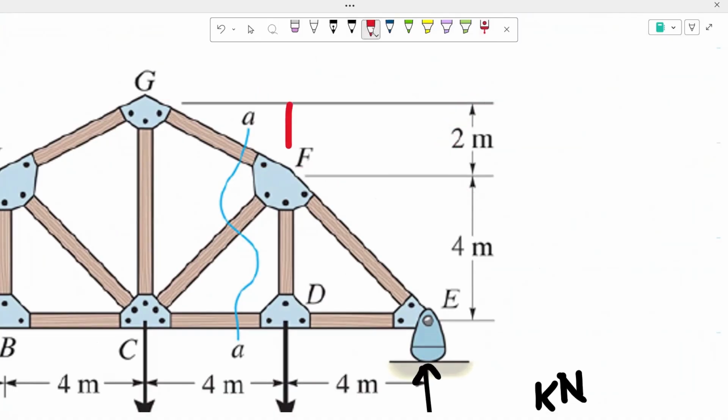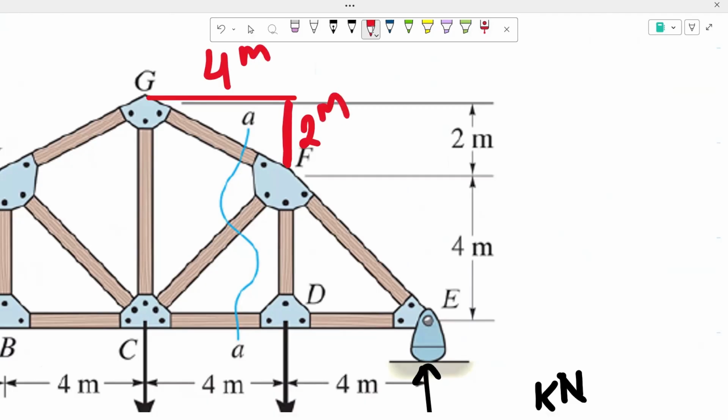So vertically, this has a distance of 2 meters. From there, from here to here has a distance of 4 meters. So if we were to go straight, this part has a distance of 4 meters.